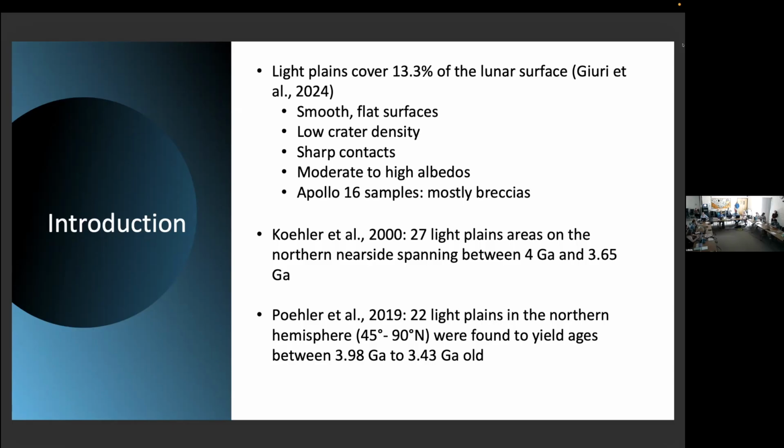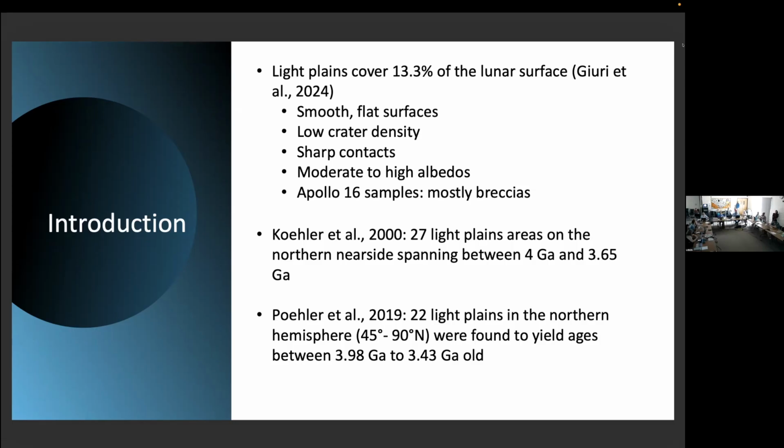Okay. So they're smooth and flat, very mare-like, with low crater densities, not everywhere, but generally. They have sharp contacts, not everywhere, but generally. But they're also highland-like in terms of their albedos. Which is why in the past, people wondered what these were.